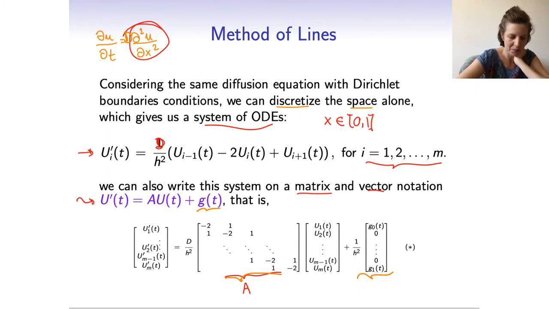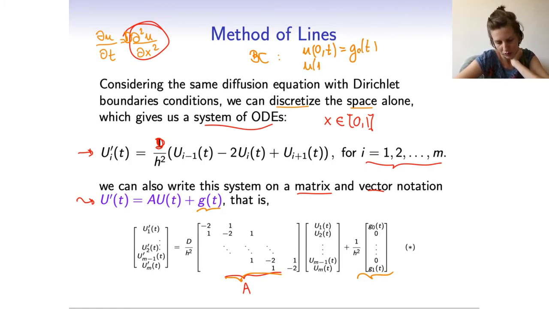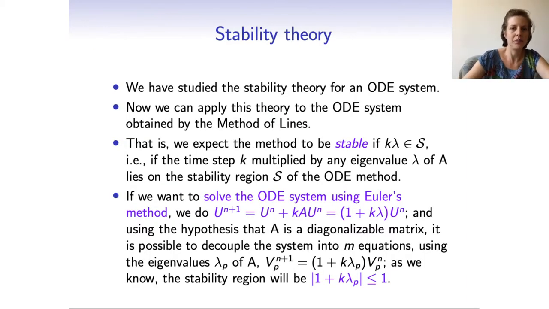I don't know if you remember, but we had that for u(0, t) we have g0(t), and u(1, t) equals g1(t). So we carry these conditions in this vector G. So we can in fact write our ODE system in a matrix way.